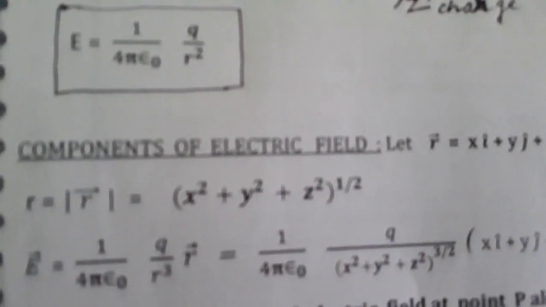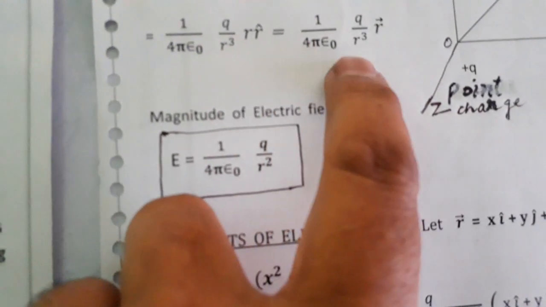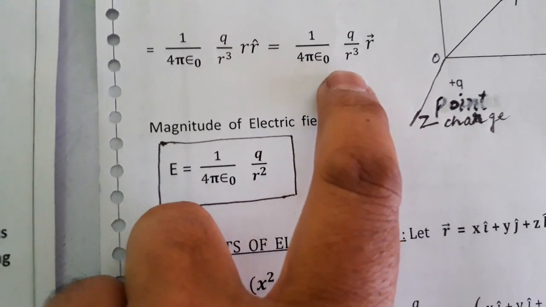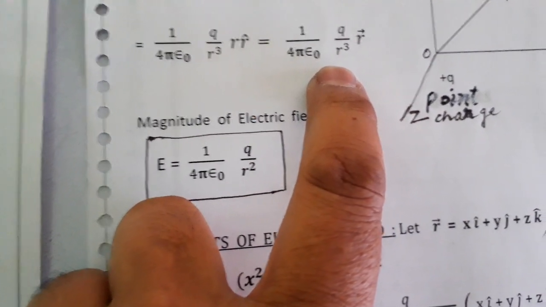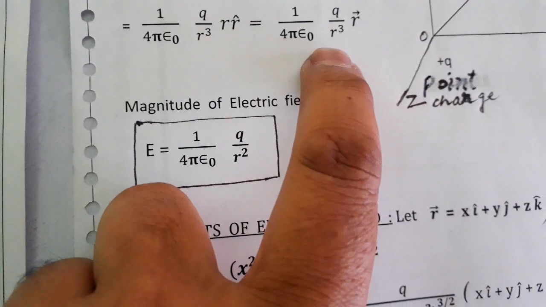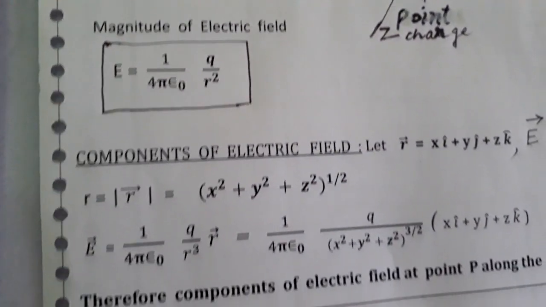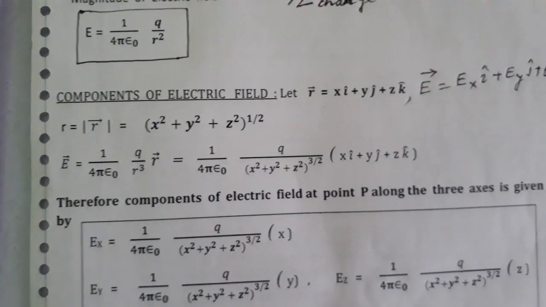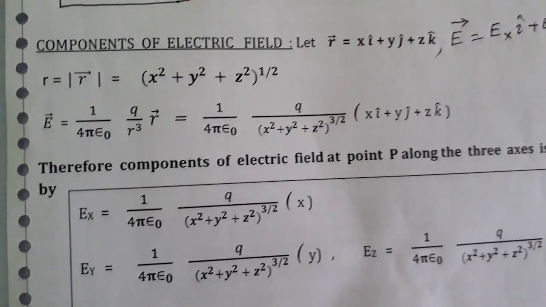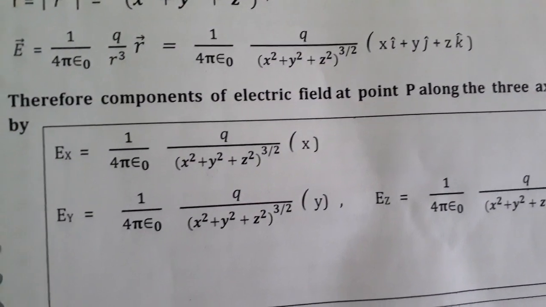Now from this equation, we can replace vector r in terms of its components and unit vector, and E is also replaced, and thereafter we compare the coefficients of i, j and k.